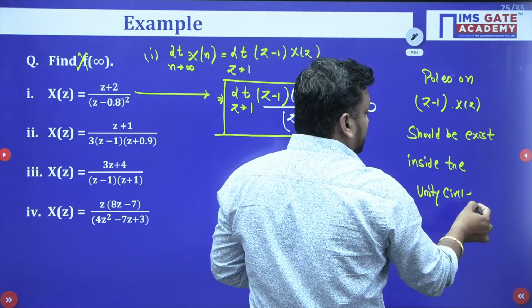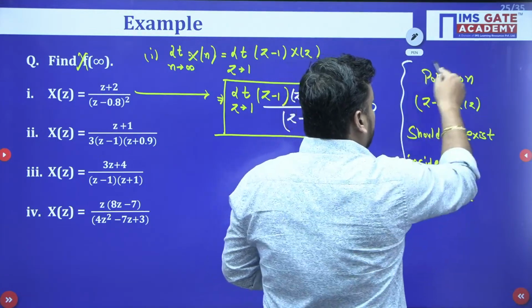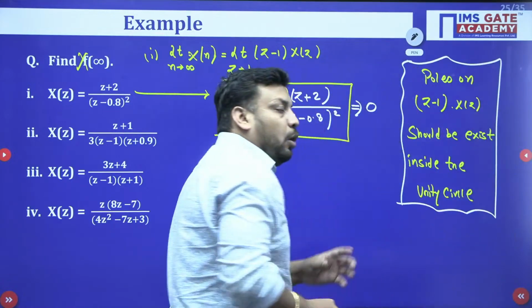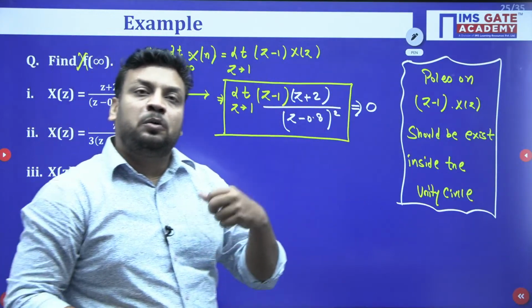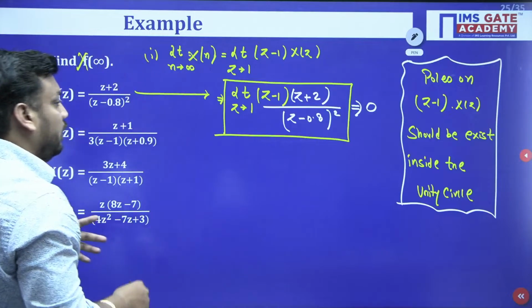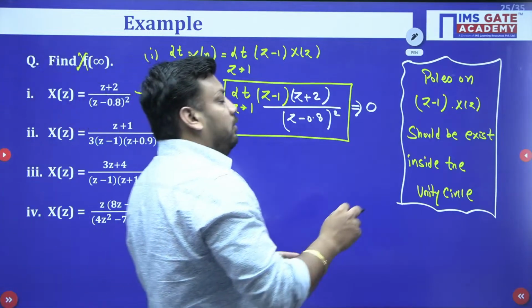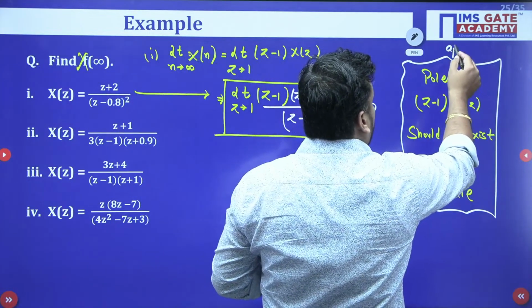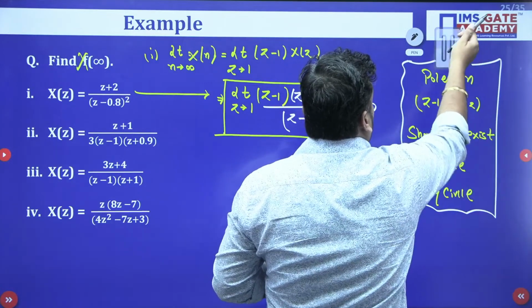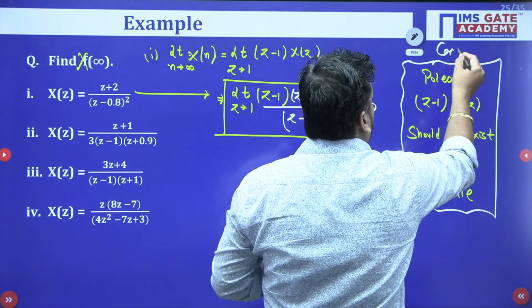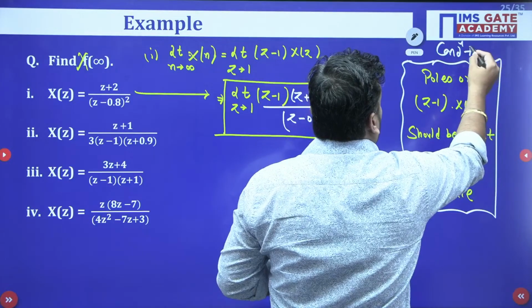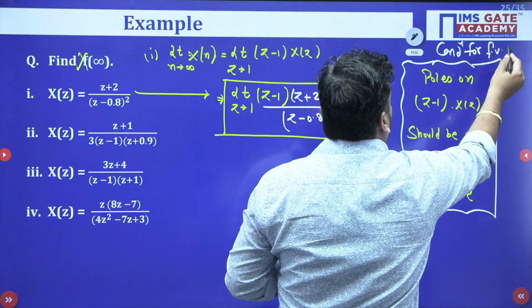It means they should not be on the unity circle or outside the unity circle. Then only we can apply the final value theorem. This is the condition for the final value theorem.